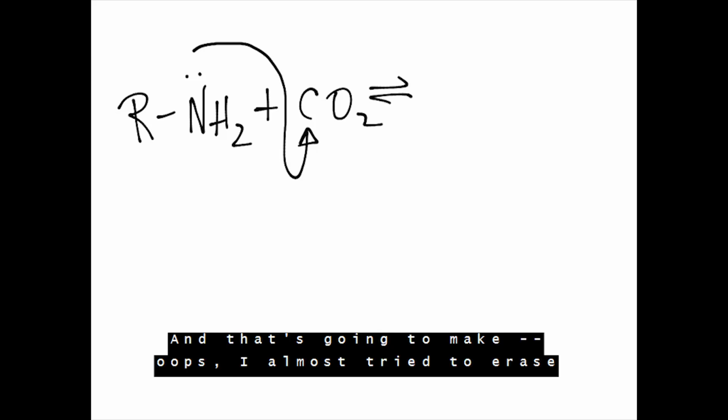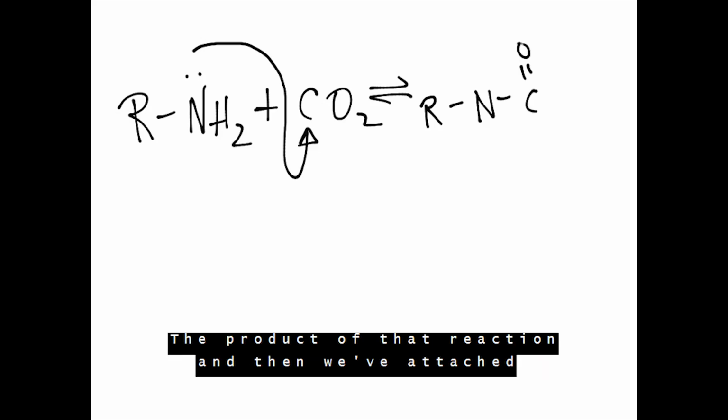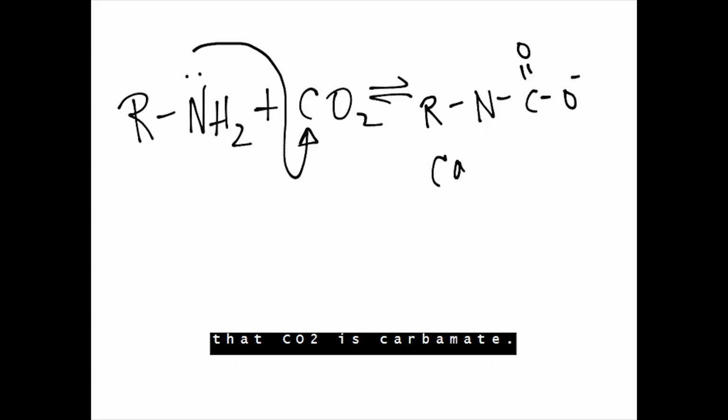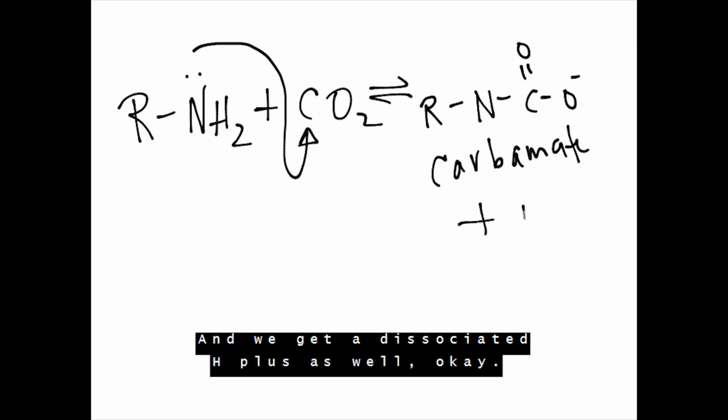And that's going to make, oops, I almost tried to erase that with my finger like I was using a real whiteboard. The product of that reaction, then, when we've attached that CO2, is carbamate. So you may remember from bingo, we had carbamic acid. Now you know why. And we get a dissociated H plus as well.